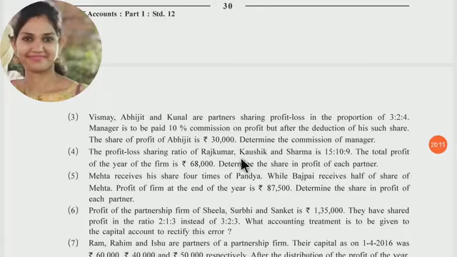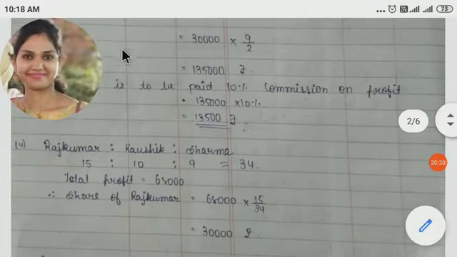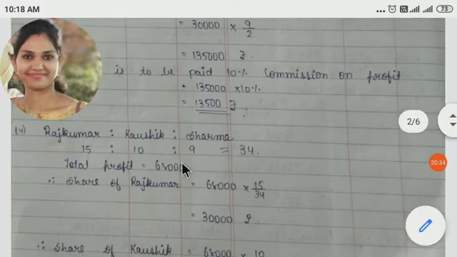Just we have to distribute this profit 68,000 into the ratio 15:10:9. See the answer. First write the names of the partners, R, K, S. R 15, K 10, Sharma, it means S, 9. Total of all partners' shares is 34. Total profit is given as 68,000.